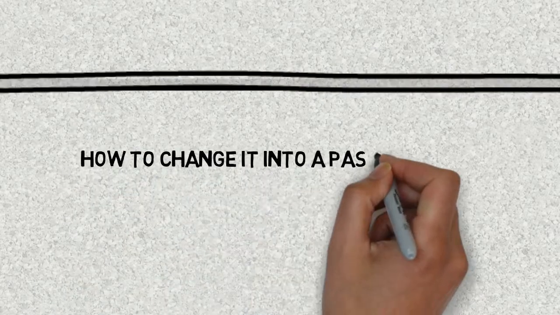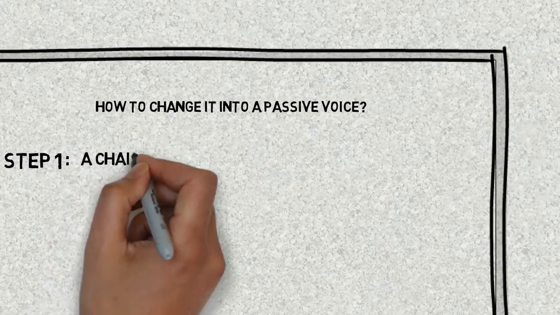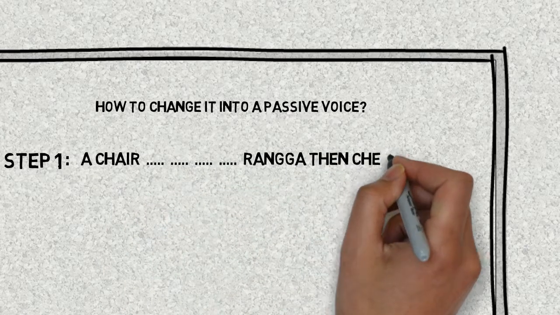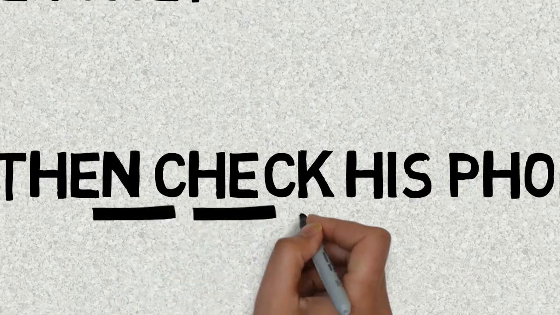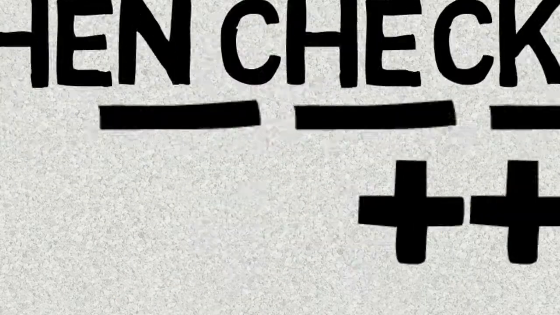How to change it into a passive voice? Step 1. Change the position of the subject and the object. The object is on the first word, and the subject is on the object position, and the information is then on its position.